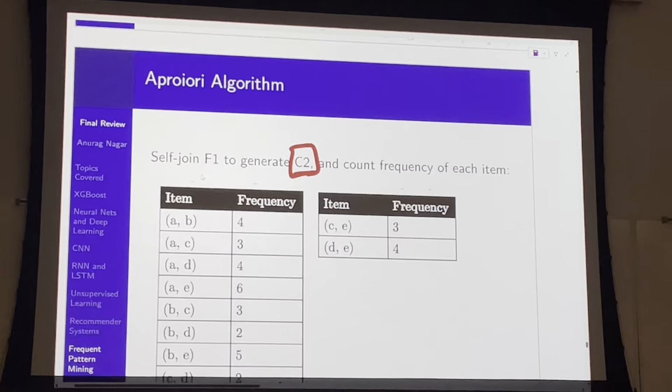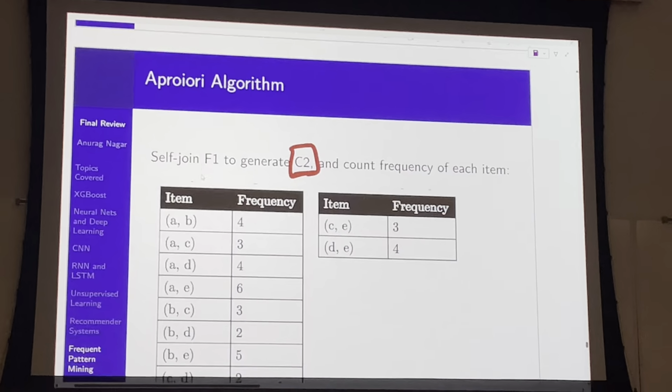So I prune these two. Unfortunately, at this stage you have to do this manually. The Apriori algorithm requires you to manually do it for item sets of length 2 and get rid of anything infrequent. After you have done this, you end up with this situation. These are F2s. F2 means frequent items of length 2.